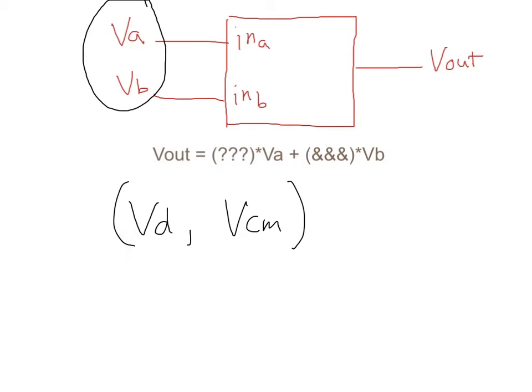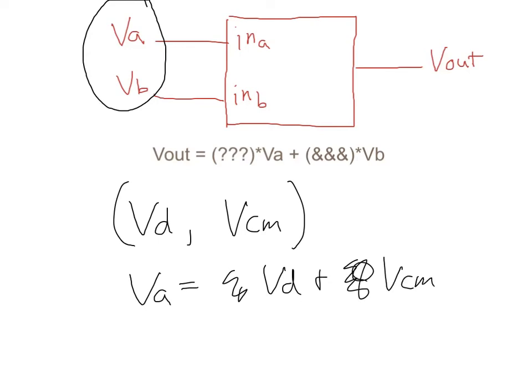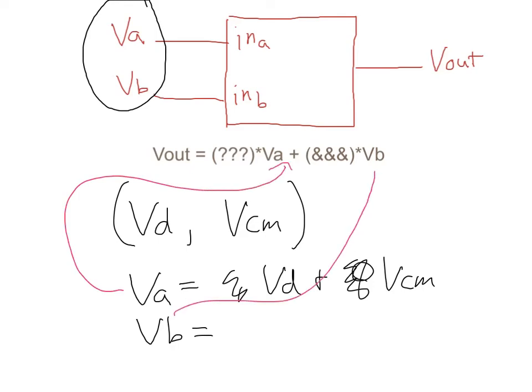We can do that by just writing, well, we know what VA is. We can write that in terms of something VD plus something VCM. That's another test question, by the way. We can do the same thing for VB. We take that, substitute these two terms into here, VB and VA, or VA and VB.